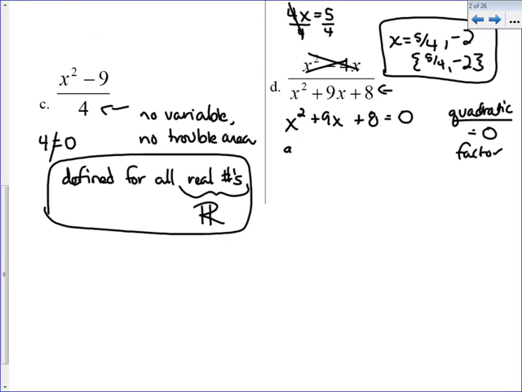So I'm going to go with A equals 1, B equals 9, and C equals 8. So AC is 1 times 8, which is still 8, and B equals 9. So I'm looking for 2 numbers that multiply to 8 and at the same time add to 9. 8 and 1.